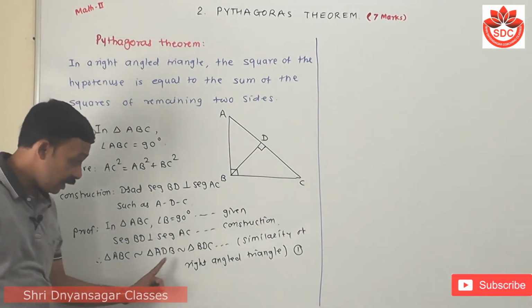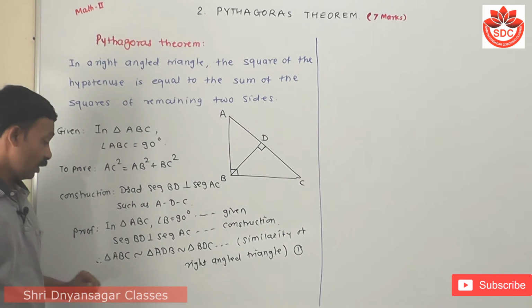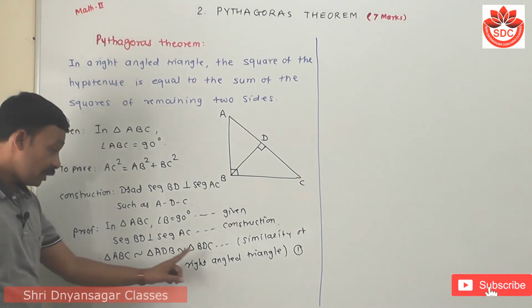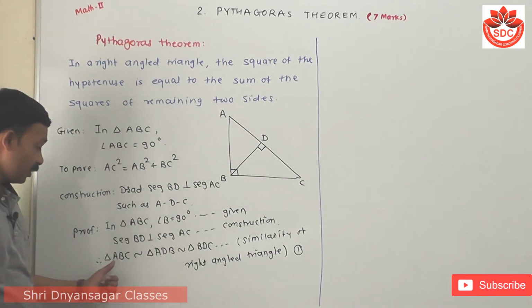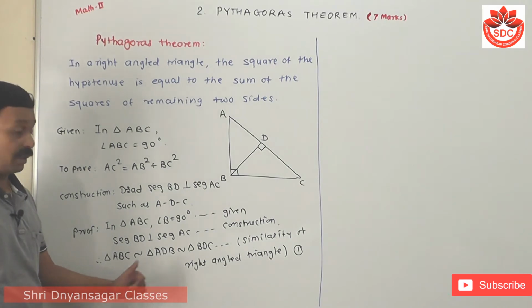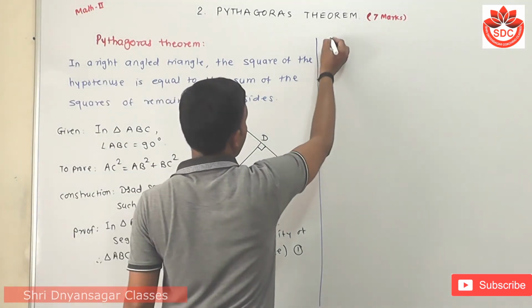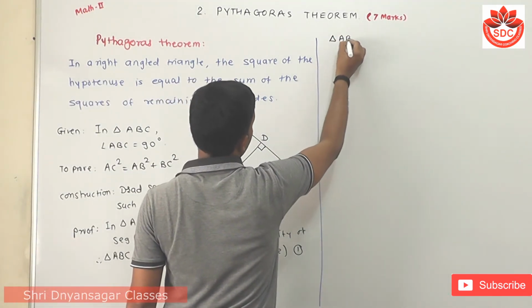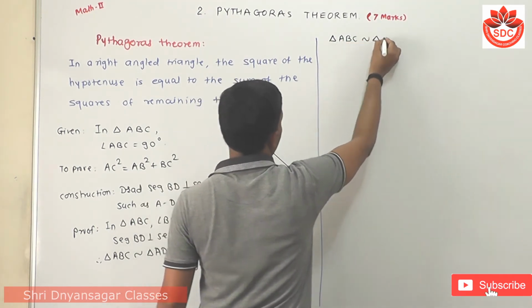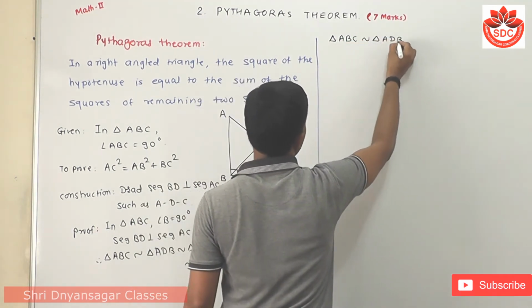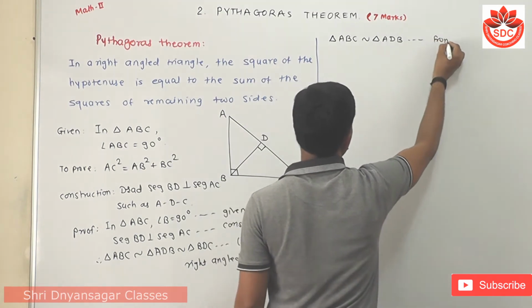Students, then these three triangles are similar to each other. So I have taken out of these three, by using this first condition, the first two triangles are also similar. So take the first two triangles here. Triangle ABC is similar with triangle ADB from equation first.